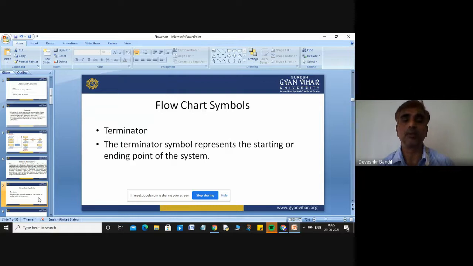The terminator symbol represents the starting or ending point of your program or system. The terminator will be available in all flowcharts, because through the terminator you will start, and through the terminator you will end. It means your flowchart will start with a terminator, and your flowchart will end with a terminator.